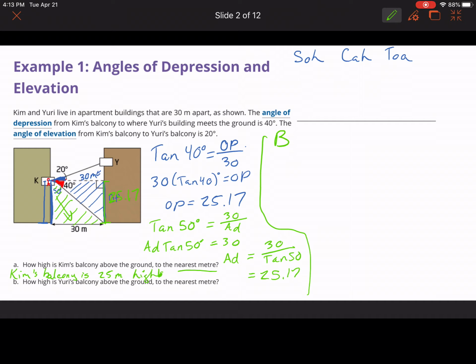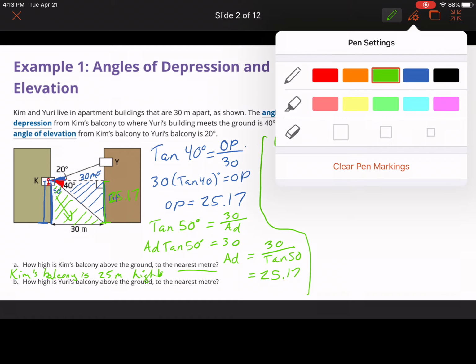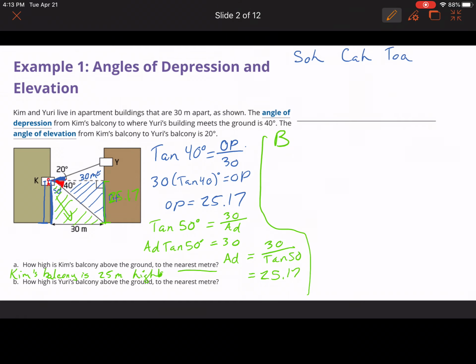So now I need to know what that length is in order to be able to add that to my 25. So right now I've got an angle, 20 degrees. I've got an adjacent side, 30 meters.